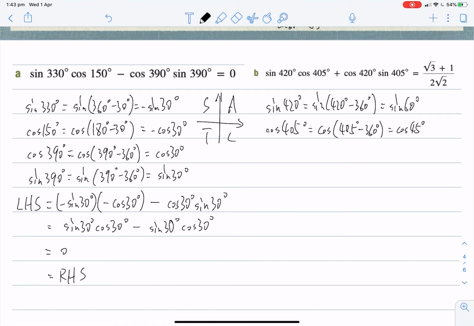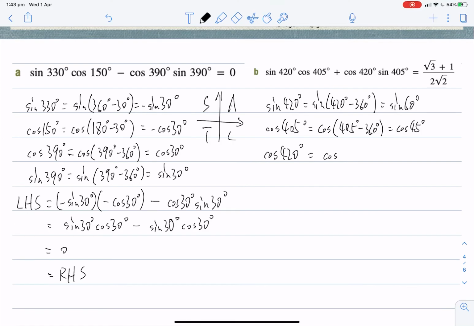Next one, cos 420 is similar to the first one. 420 minus 360 is 60 degrees, so cos 60 degrees. And then sine 405. 405 minus 360 is 45, so it's sine 45 degrees.